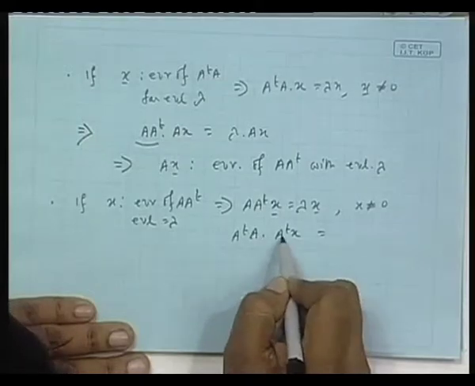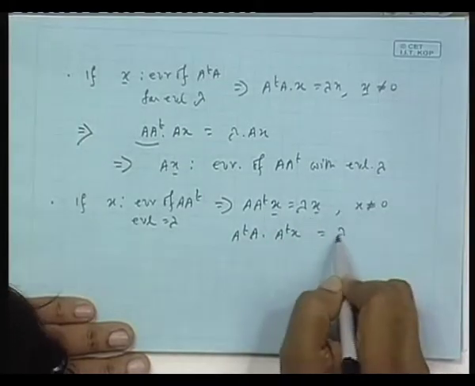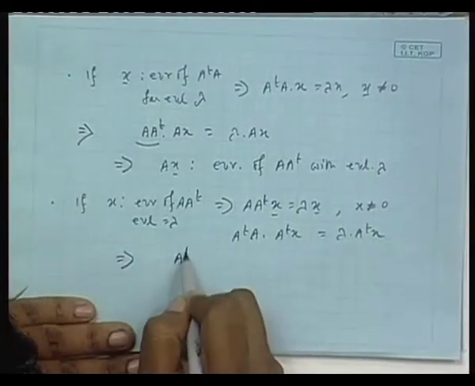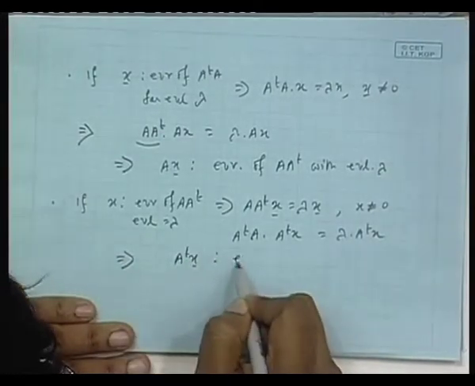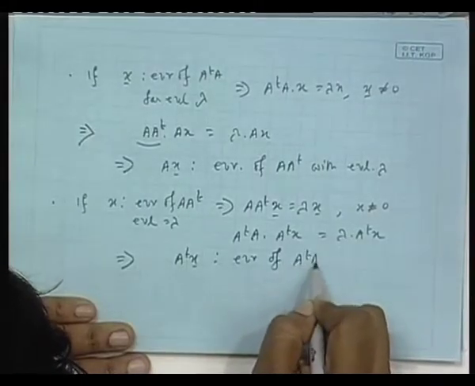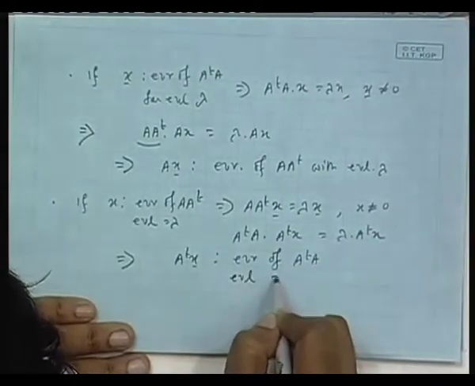You take A transpose and A transpose x is lambda x, so you will get lambda A transpose x, meaning A transpose x is an eigenvector of this matrix A transpose A with eigenvalue equal to lambda.